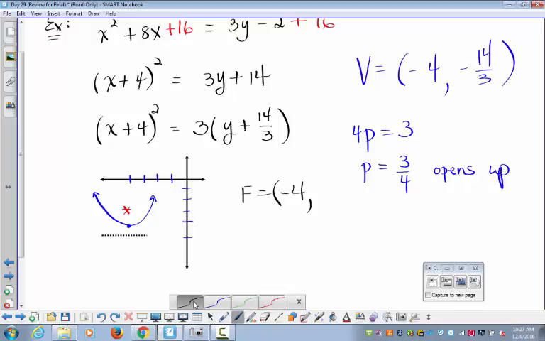Add it. So -14/3 plus 3/4, we'd have to get a common denominator, multiply that by 4, so that's -56 plus 9 over 12. So that's going to be -47 over 12.